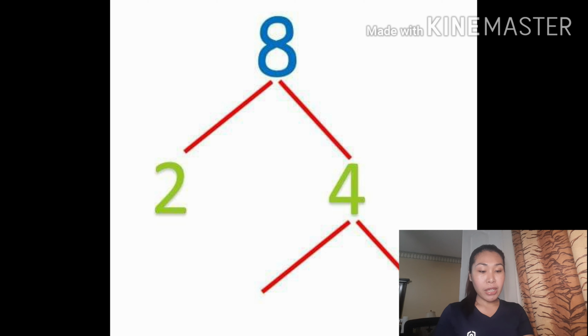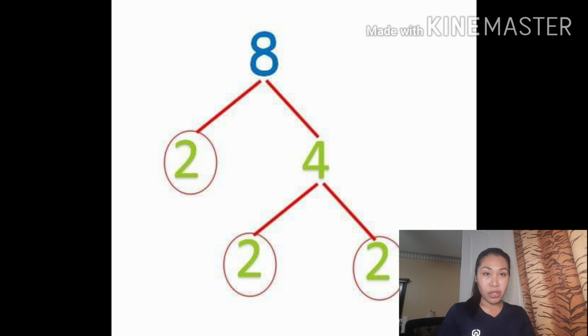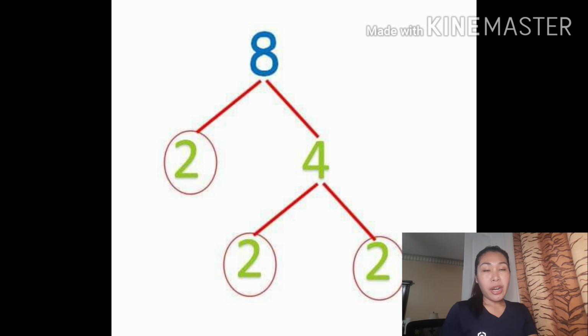Then write down the factors: 2 and 2. And then we'll stop there because what we have are 3 prime numbers, 2, 2, and 2. So what are the prime factors of 8? We got 2 times 2 times 2.